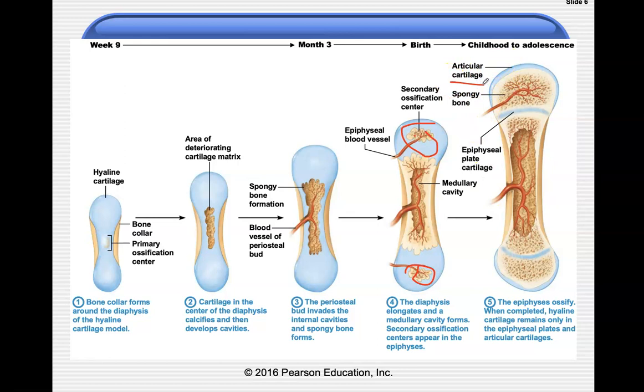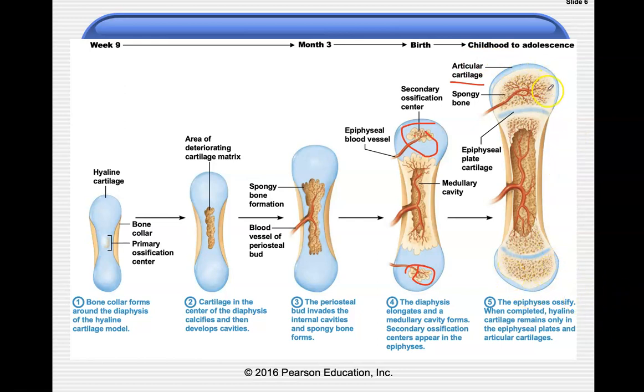Remember, when we talk about articulating, that's where 2 bones are going to meet up at a joint. And so that articular cartilage is actually going to help prevent damage to the epiphyses, right? Because this is an area where it's forming a joint and there'll be friction in that joint as the bones move. So that's where we have that articular cartilage.